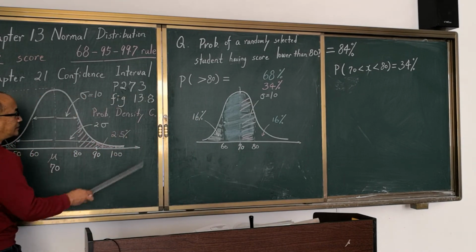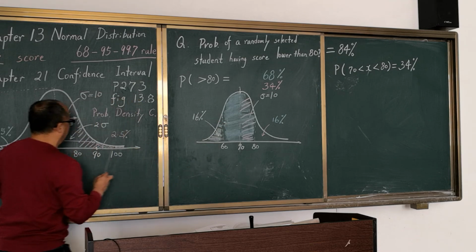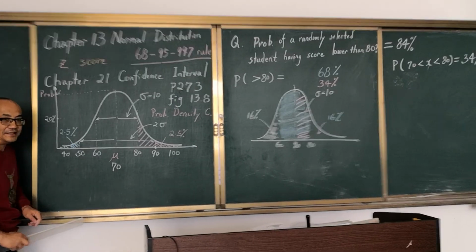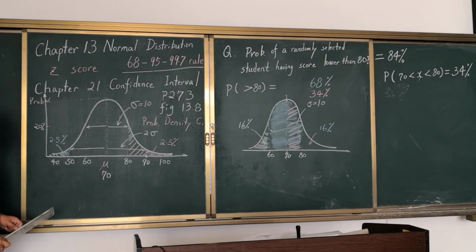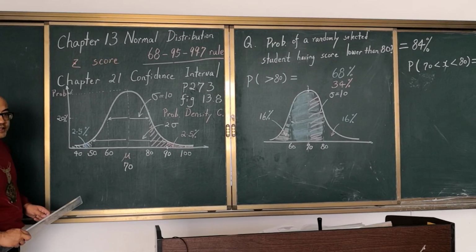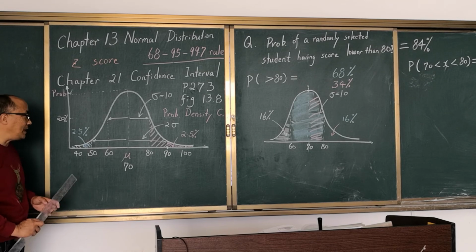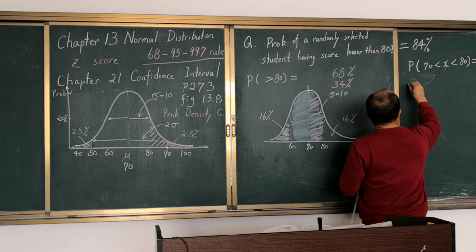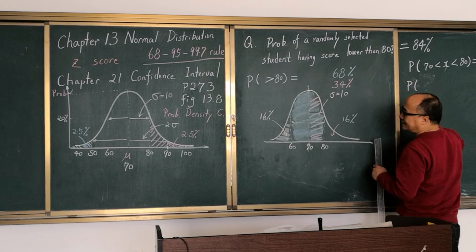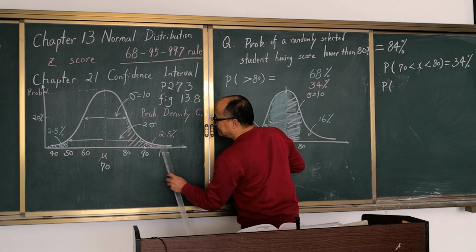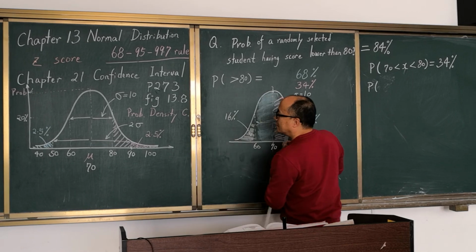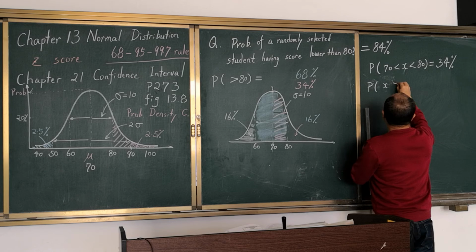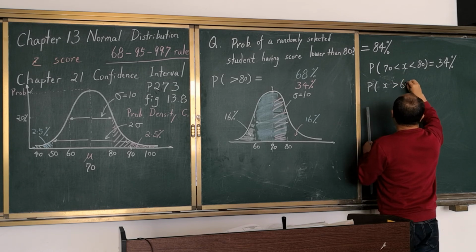So back here, this is only 1 sigma away, okay? Now the 2 sigma is a 50 to 90. Now I'm asking you, what's the probability of his score is greater than 60%, which means he passed.